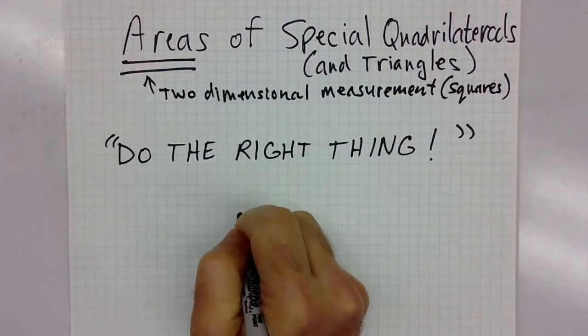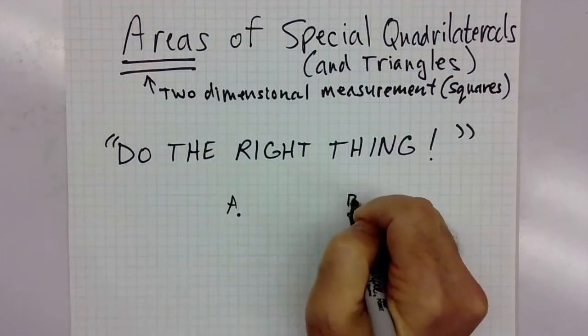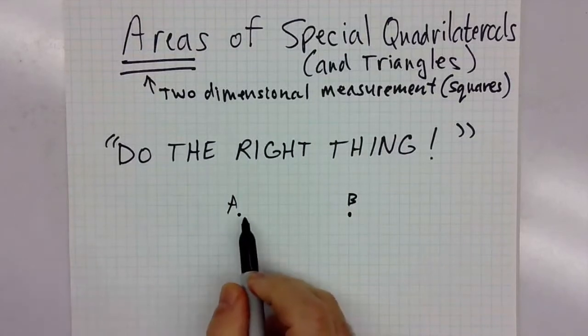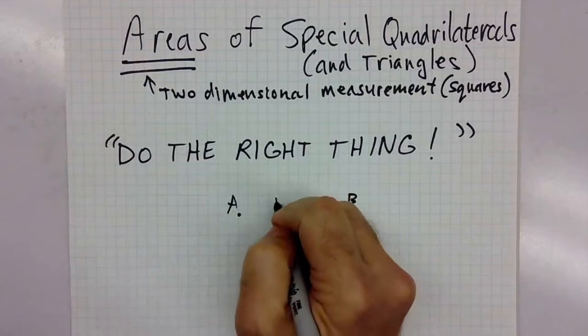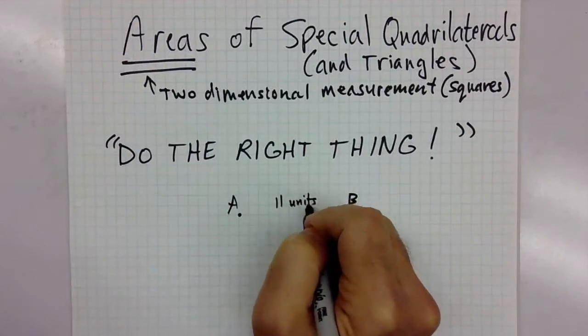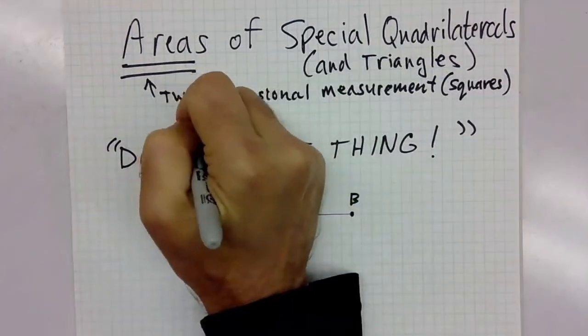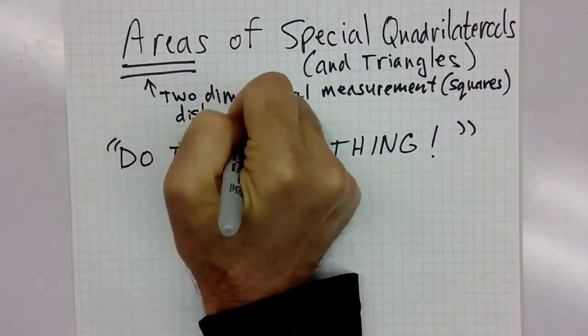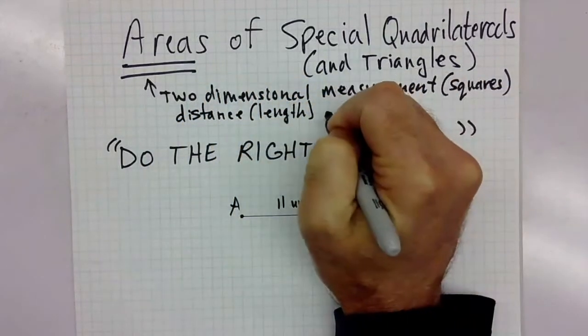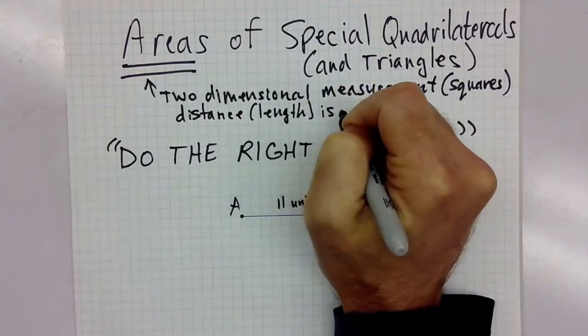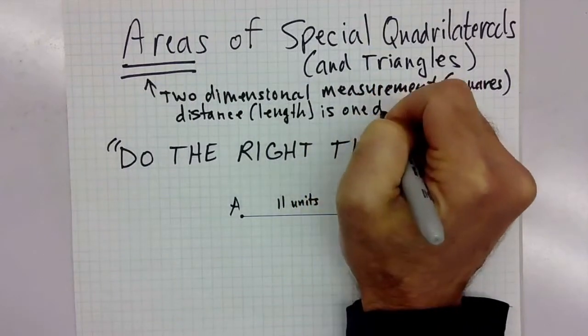So here's point A, and here's point B, and let's see, 1, 2, 3, 4, 5, 6, 7, 8, 9, 10, 11 units. That's a one-dimensional measurement. Distance, sometimes called length, is a one-dimensional measurement.